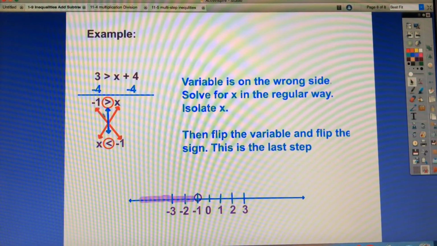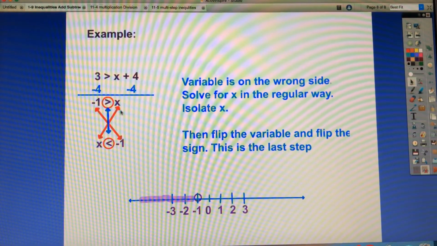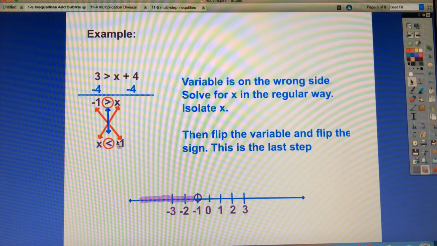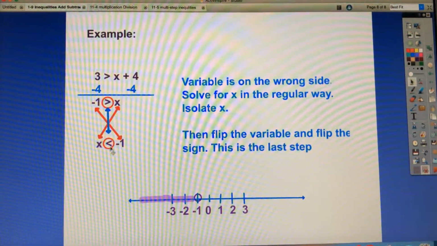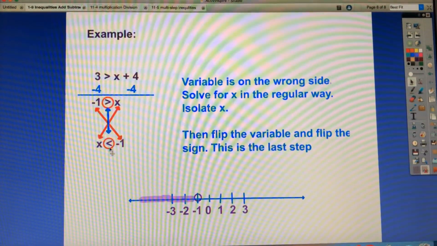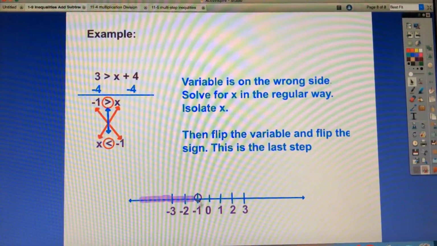And I move my negative 1 to the opposite side. So my x and my negative 1 flip sides, and my sign flips. And I have x is less than negative 1. Open circle at negative 1, shade left.